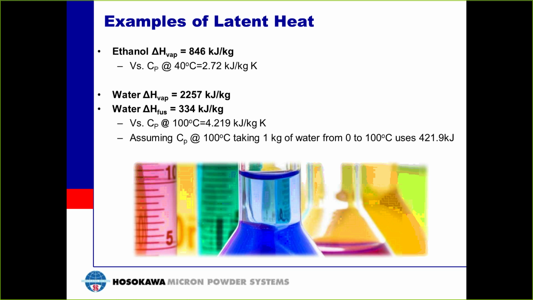Now you can compare that to taking that same kilogram of water and evaporating it. You're going to need much, much more energy to evaporate that water than you would for that whole range of temperature change.